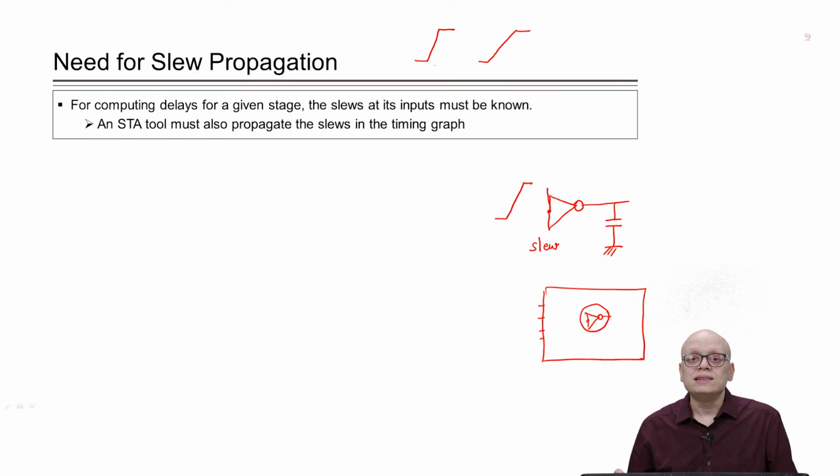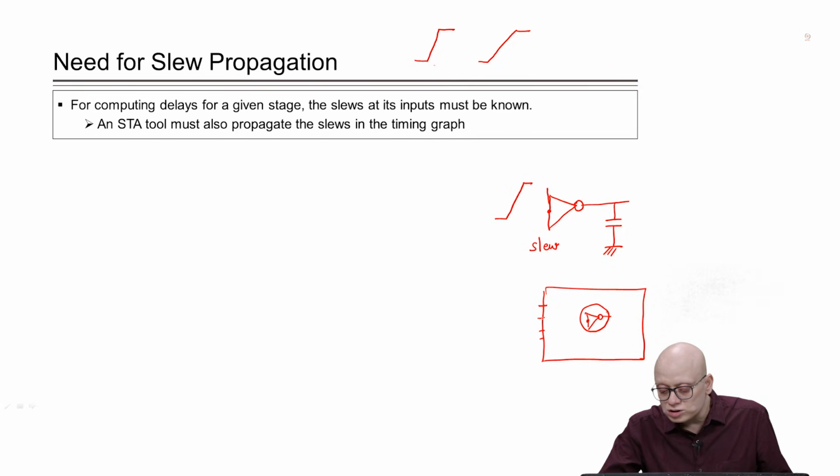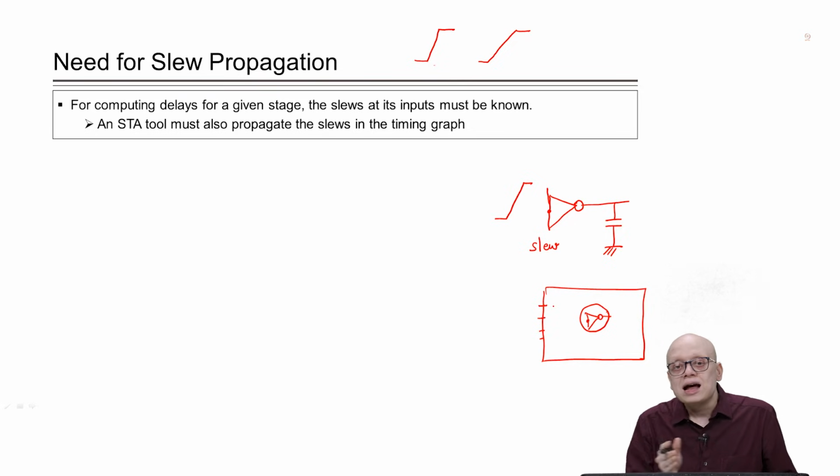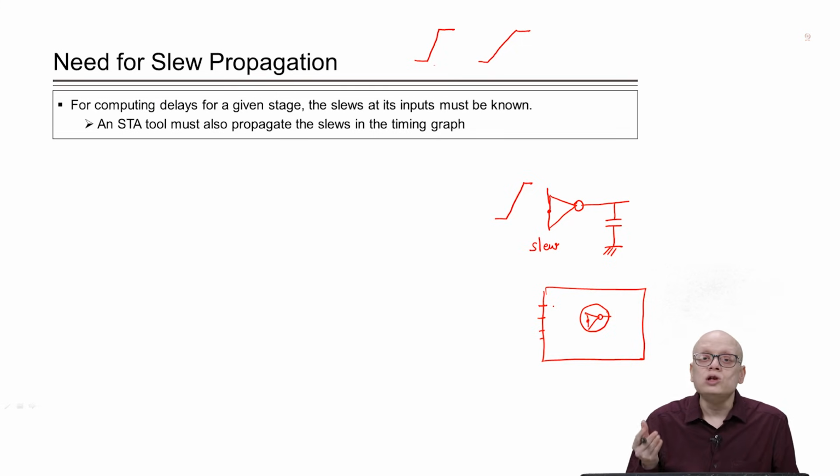That is the motivation for carrying out slew propagation. Static timing analysis internally needs to propagate the slew from the input ports to all the stages in the fan out in a sequential manner, and this is what is referred to as slew propagation.